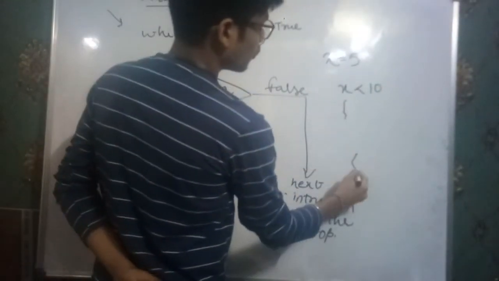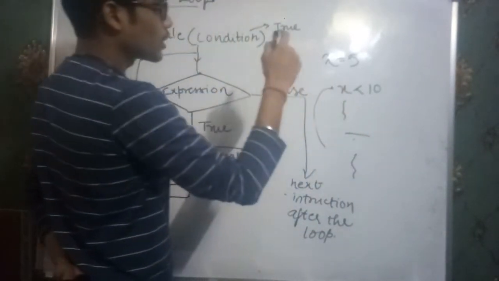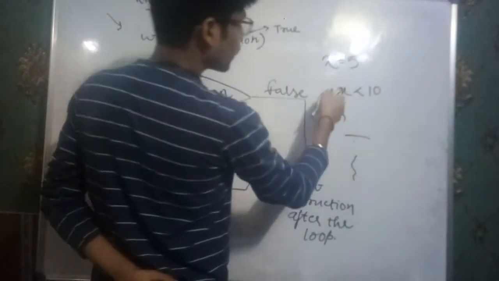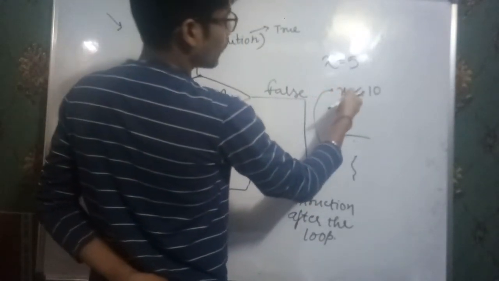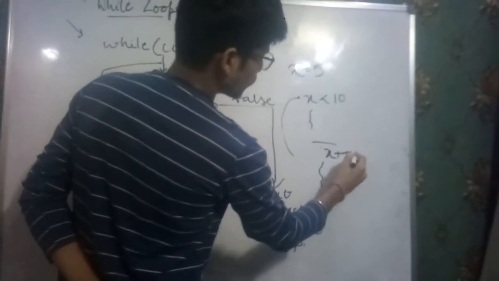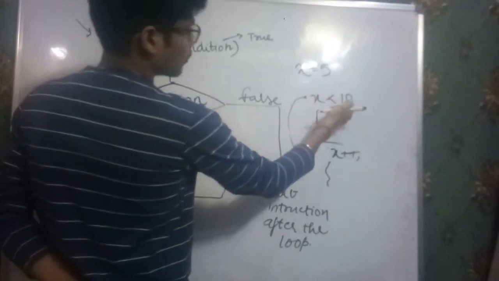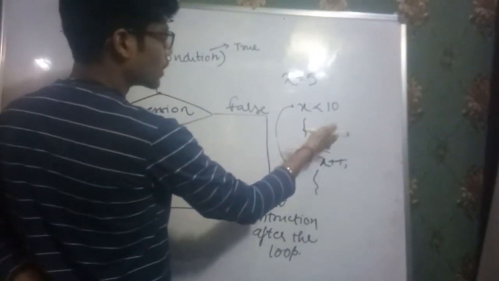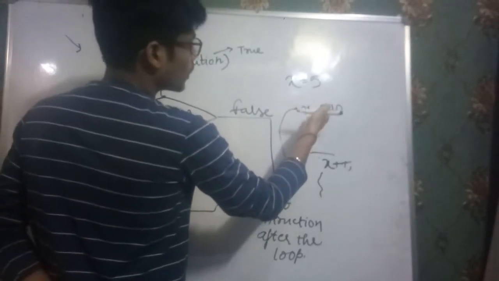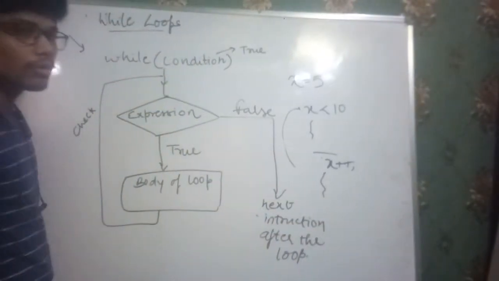It will go inside the loop and execute it. Then again, because the condition has not failed, we check again. Since we are doing x plus plus, x becomes 6, and we check whether 6 is less than 10, and it goes inside the loop again, till it reaches 10, where 10 is less than 10 is false, and it comes outside the loop.